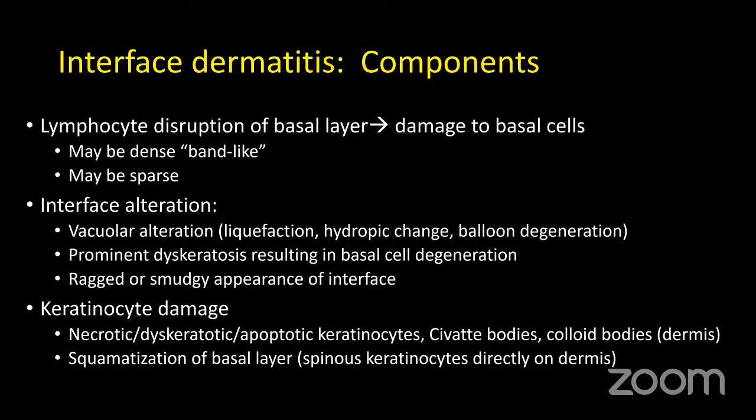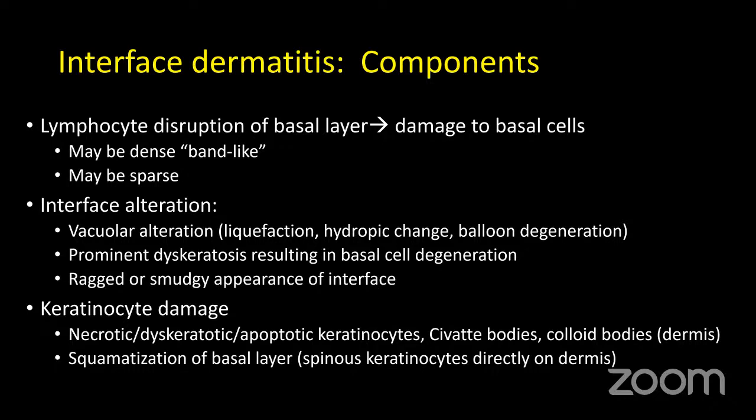A lot of dyskeratosis can be seen, and eventually the basal cells degenerate. Often this presents as a ragged or smudgy appearance of the basal layer and that interface. The other component is keratinocyte damage, which sometimes is more prominent than other times.